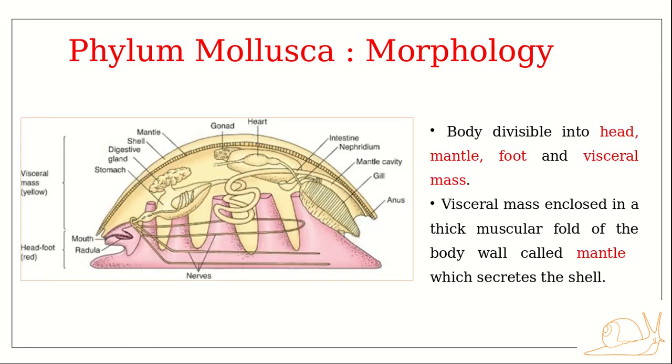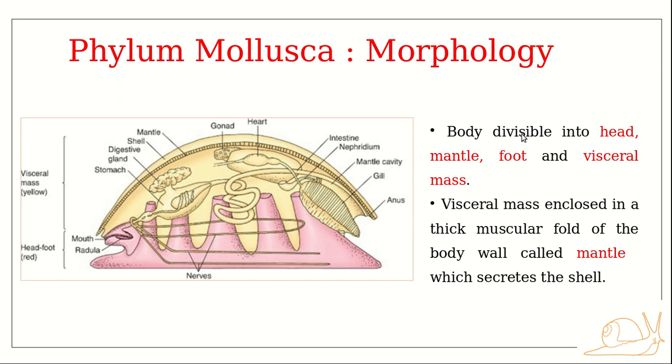Moving on to the basic structure, as already mentioned, the members of Mollusca have an unsegmented body. The body is not segmented; you cannot see different segments. But the body is divisible into head, visceral mass and mantle foot.